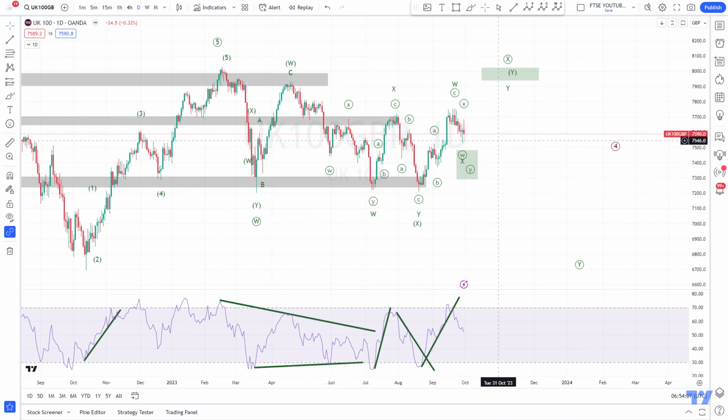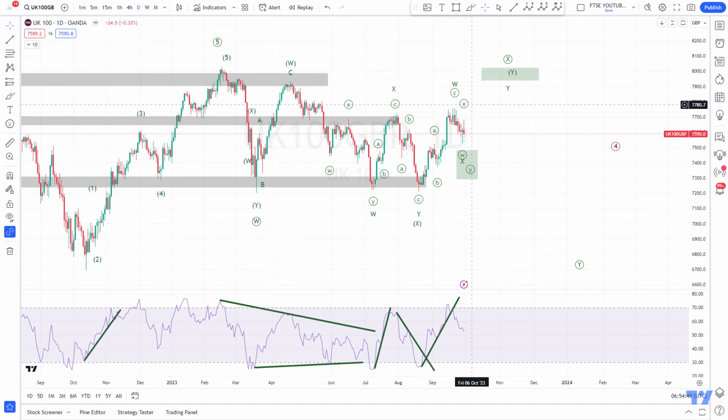And yeah, these moves in three can be corrective behavior, and fit actually quite well in a triangle as well. So therefore, we also have to consider the triangle scenario. Now, I believe we are doing a WXY structure here. So we had the wave W down as a WXY, and then here this wave X is unfolding, in my opinion, as a larger WXY structure.